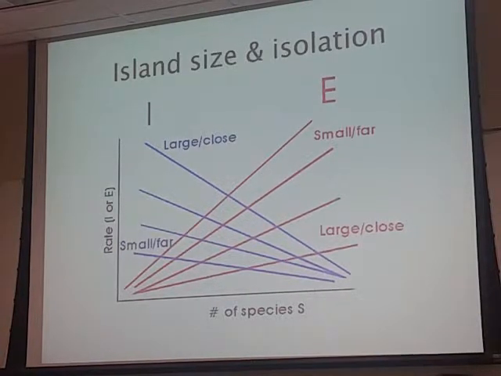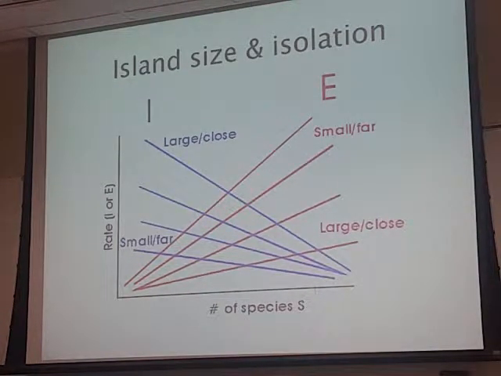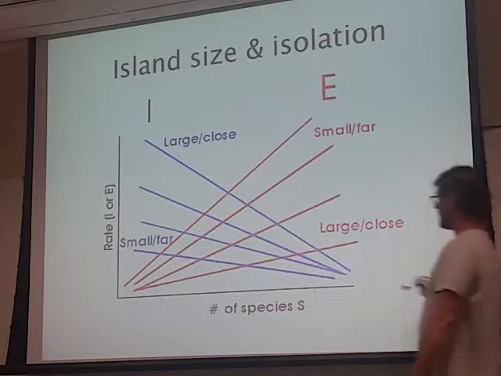The rescue effect is this: if the population starts to crash because of a hurricane or something, out here in the middle of nowhere, a rescue effect would be new immigrants coming and recolonizing and re-establishing the species. So the probability of that is low because you're small and because you're distant. And so the rate of extinction is going to go up with small, far islands.